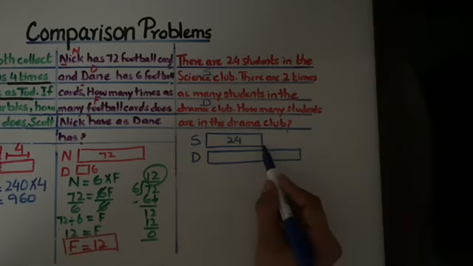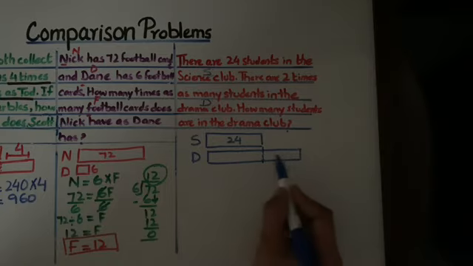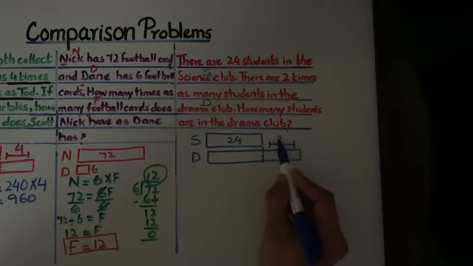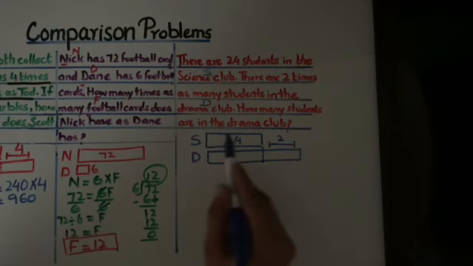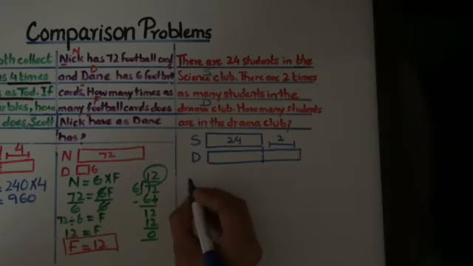So this means this is the same number of students as in the science club, but the drama club has 2 times as many students. Okay, how many students are in the drama club? So this means we have to find the students in the drama club.